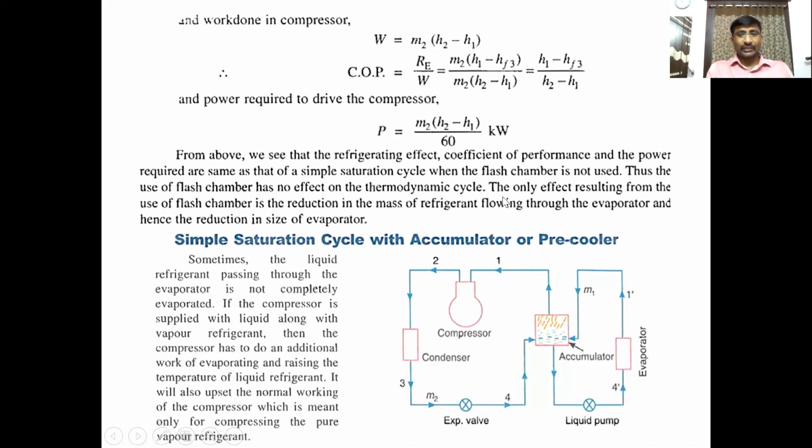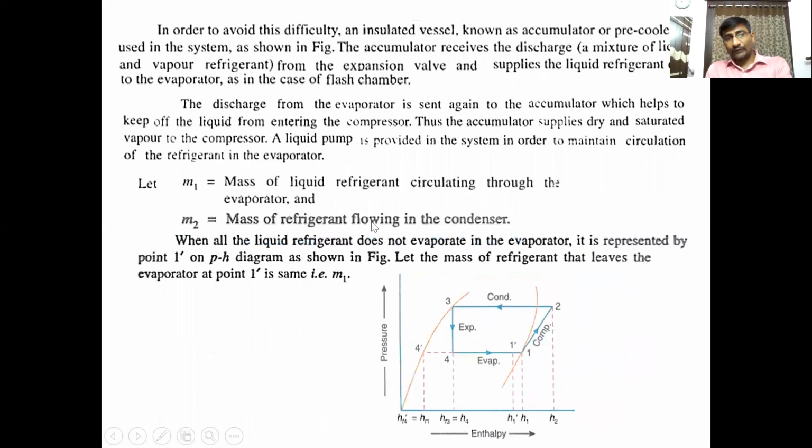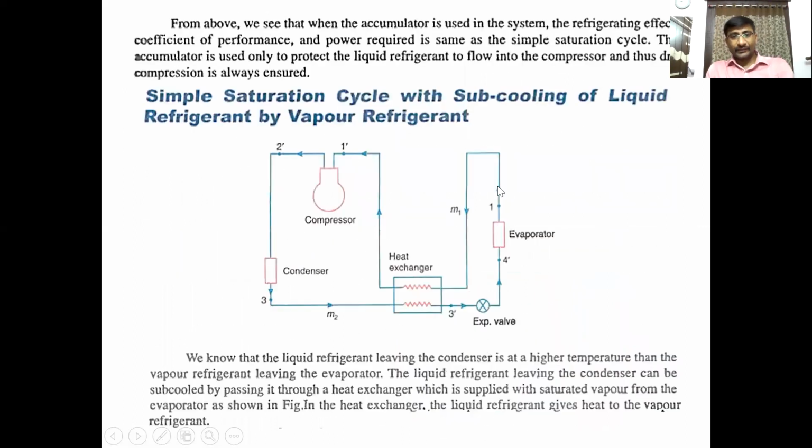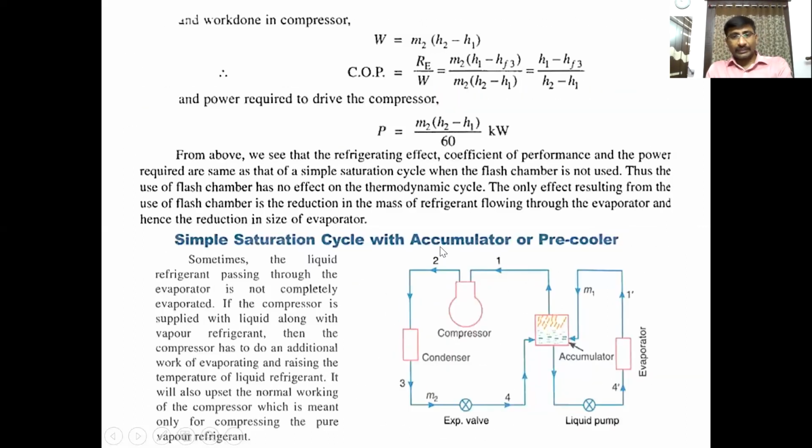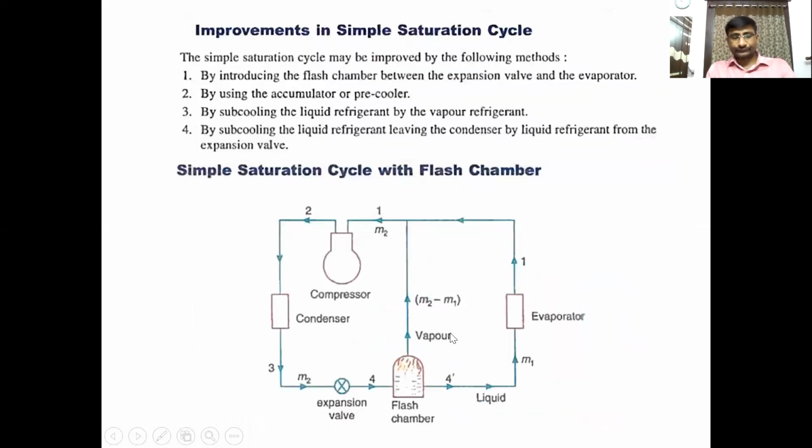But what is the use? The only effect resulting from the use of the flash chamber is the reduction in the mass of refrigerant flowing through the evaporator, and hence the reduction in the size of the evaporator. So what is going on there by placing the flash chamber?